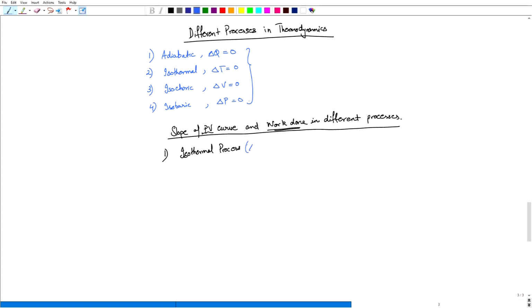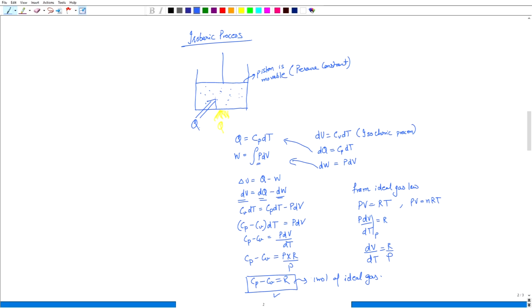So isothermal process means delta T is 0 or T is constant. So let's say we have an ideal gas present. In the last Mayer's relation, just remember one thing, that it is valid for any mole of an ideal gas.